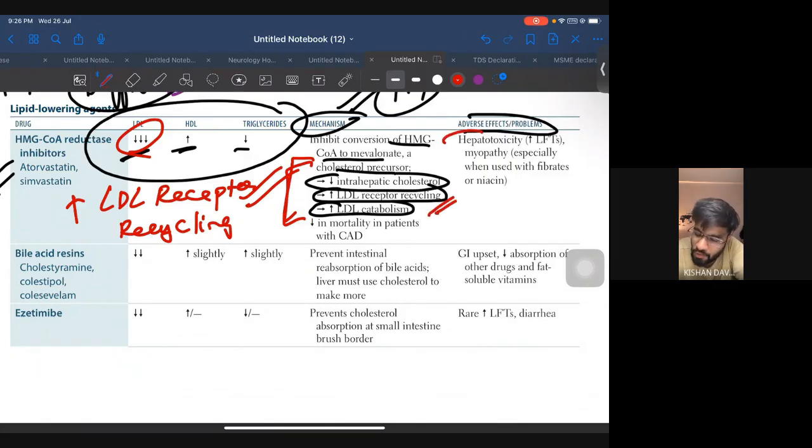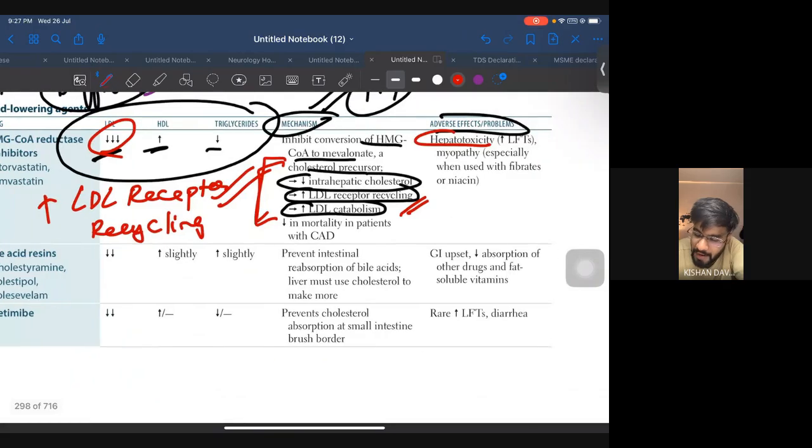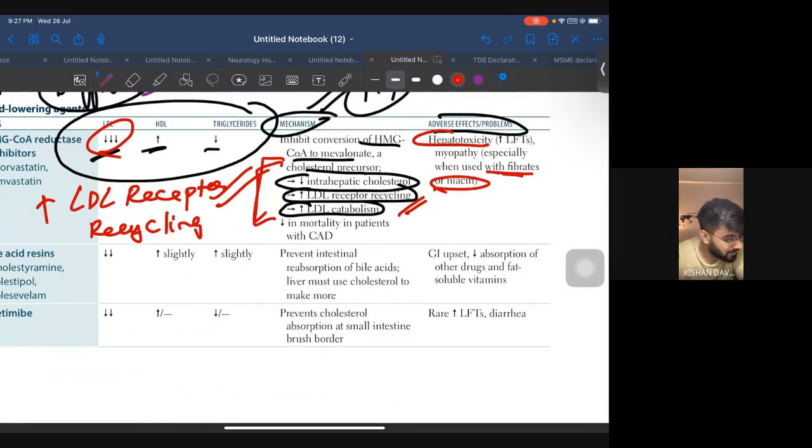Another thing, hepatotoxic होते हैं especially when used with fibrates or niacin. One thing I wanted to write here.